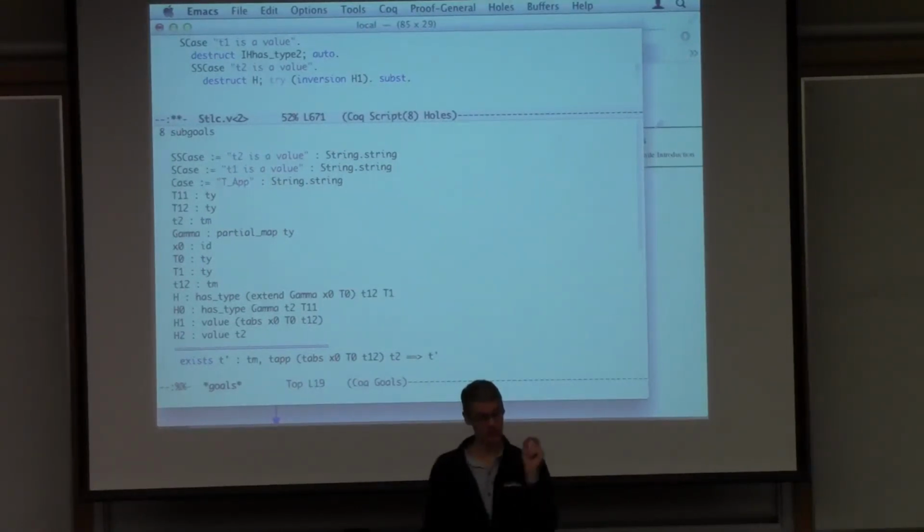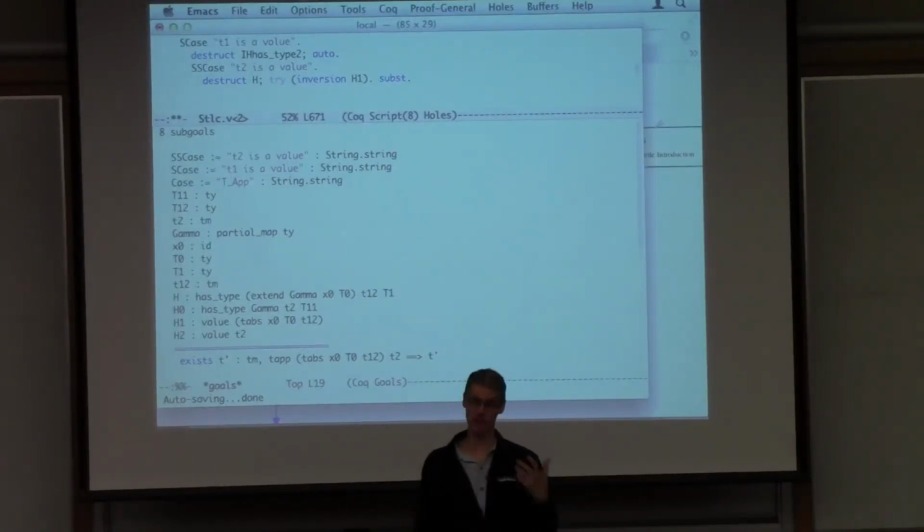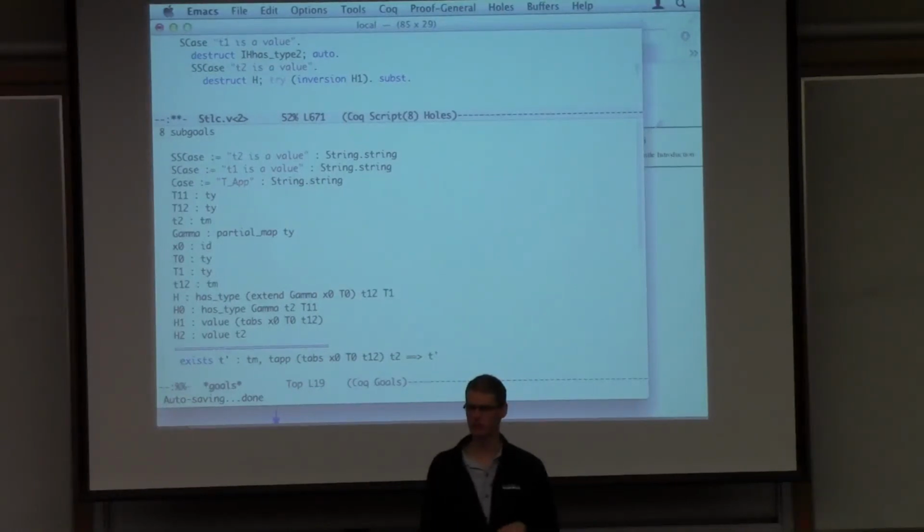And T prime is going to be the witness for the existential. So now it's time to basically apply the existential introduction rule. Anybody remember which tactic that corresponds to? Exists. And exists has to be supplied with a value for T prime. And what's that value?